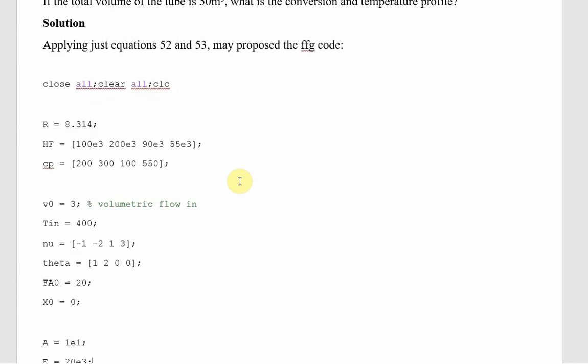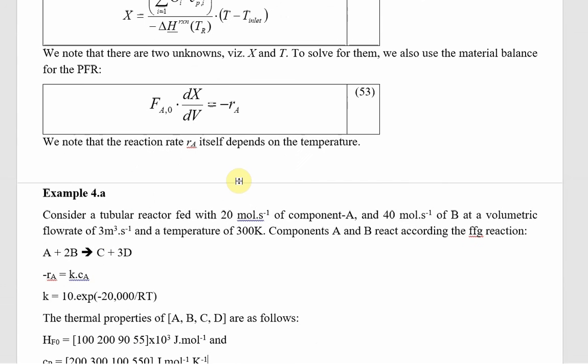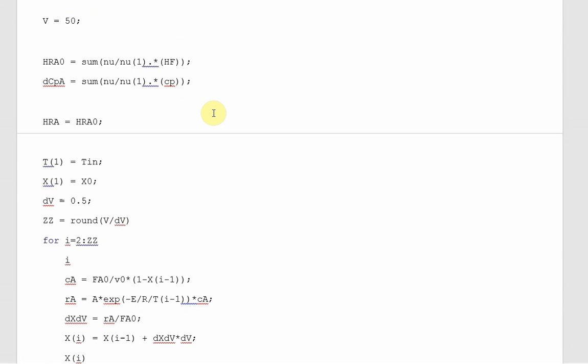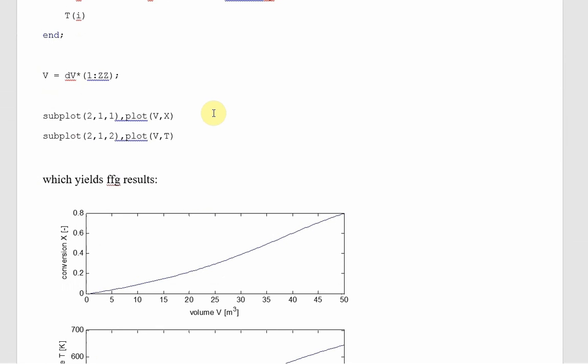But for the PFR, we didn't make that approximation. Here, when we write this, we are assuming that r_A is a function of X, which is varying with volume. If you look back in the first week of lectures, we didn't make that approximation for the PFR. Any other questions or comments there?